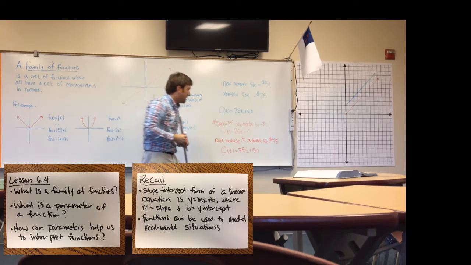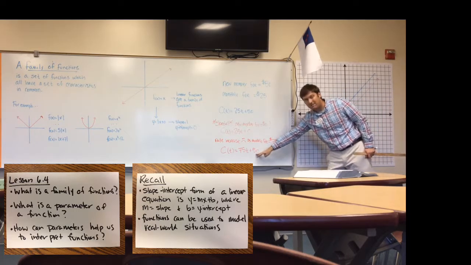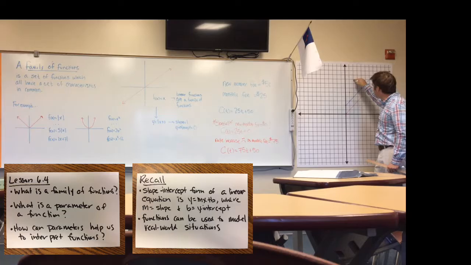We still start at 50. Our y-intercept is 50, right here still. But now my slope is not 25 over 1, it's 75 over 1. So I'm going to go up 25, 50, 75 over 1, up 25, 50, 75 over 1, up 25, 50, 75 over 1.